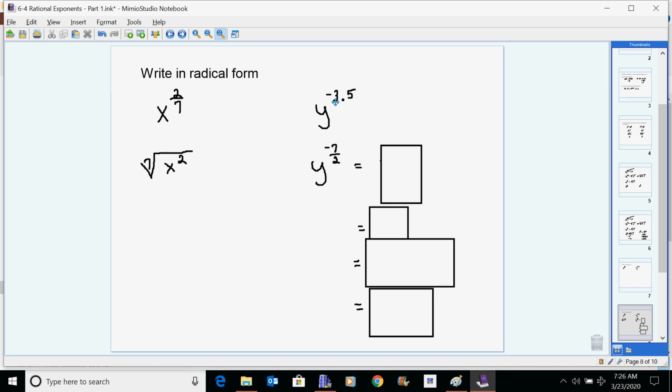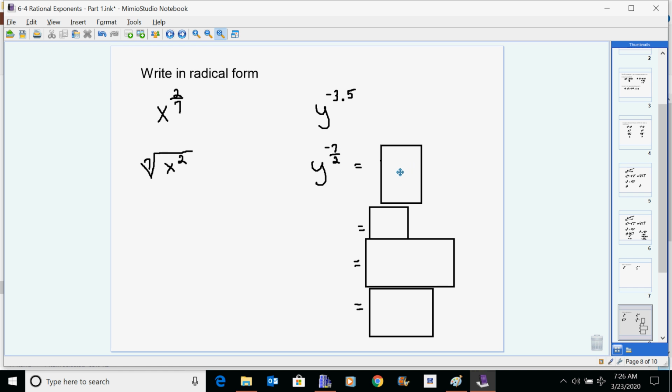When you have a decimal, what you should do is rewrite it into its fractional form. Negative 3.5 is the same as negative 7 halves. In that one, you can use the rules for negative exponents, even though it's a fraction.